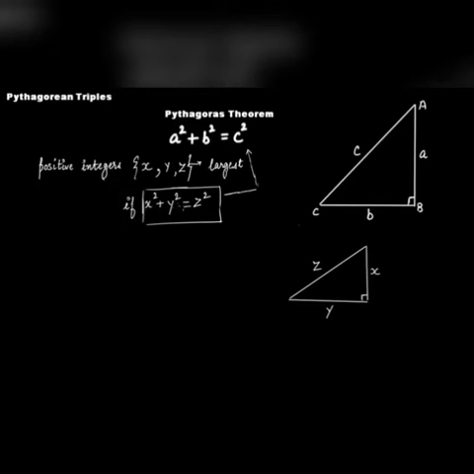It means that these are actually the three lengths of the sides of a right angled triangle. That is why we say that Pythagorean triples and Pythagoras theorem are closely related, because now x, y, z, this set is actually Pythagorean triples.